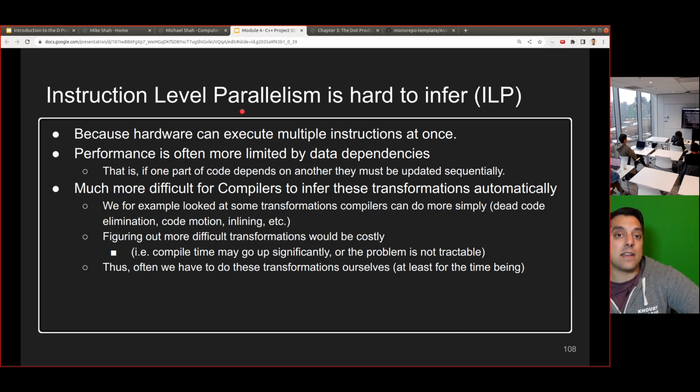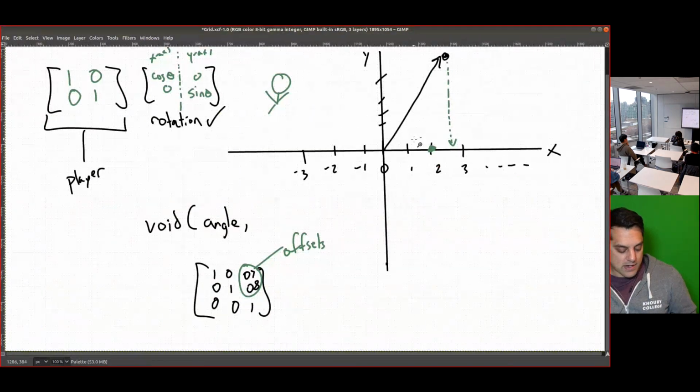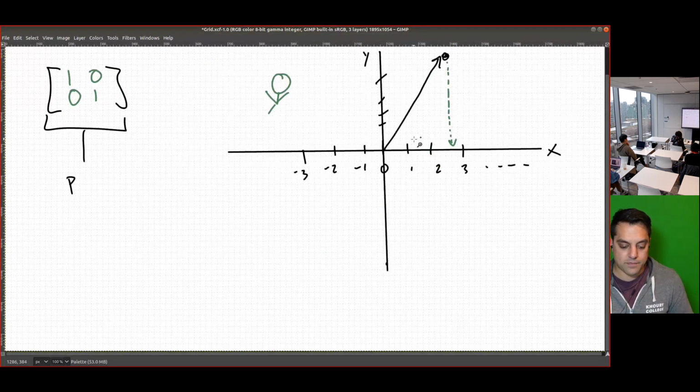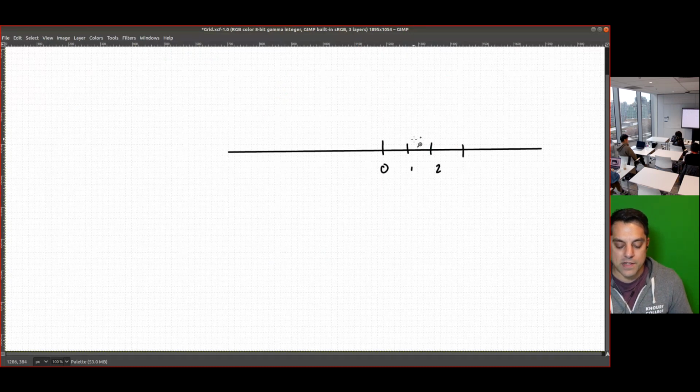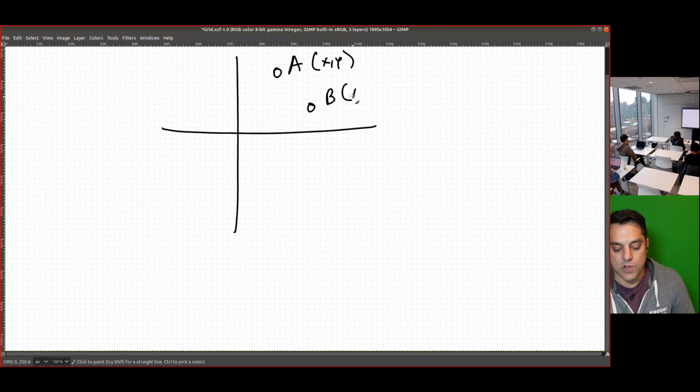So things like adding, if you've got a bunch of operations where you need to add. Let me go back here and be explicit about what I mean. Something very parallel that we've been doing here is, if I've got point A here and point B, and I told you point A has an X and a Y, and point B has an X and a Y here, wouldn't it be nice if we could just do x plus x1 and y plus y1?